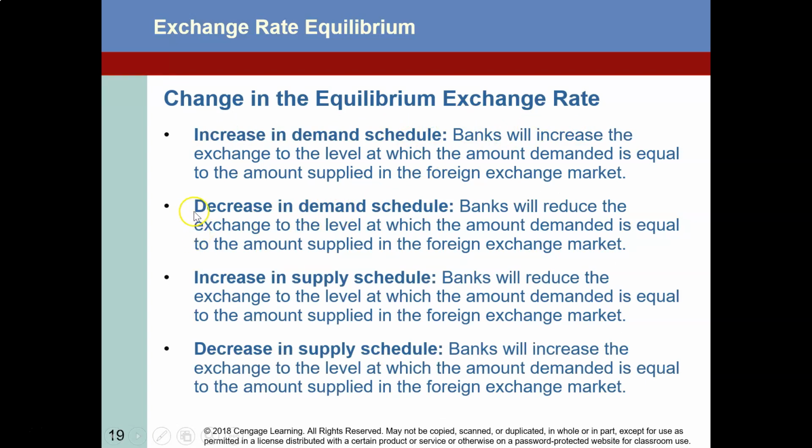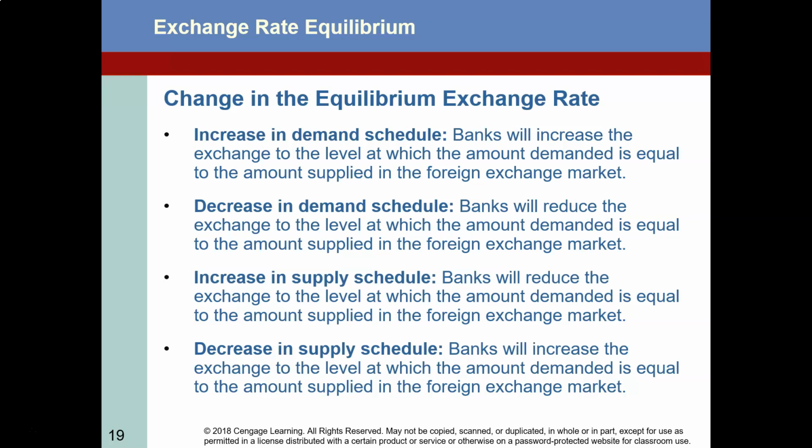An opposite case will be the second scenario here: a decrease in the demand curve, which means the downward sloping demand line, the blue line, is moved down, moved to the left. At each price level, the demanded quantity goes down. So the new cross point is at a lower price with the supply schedule.